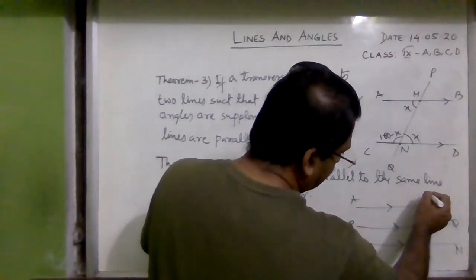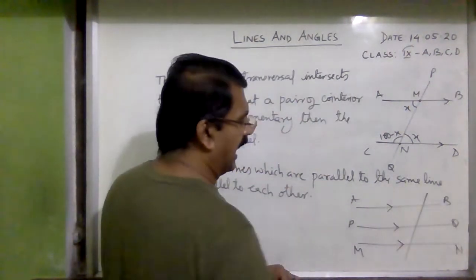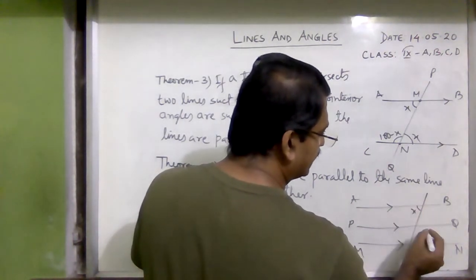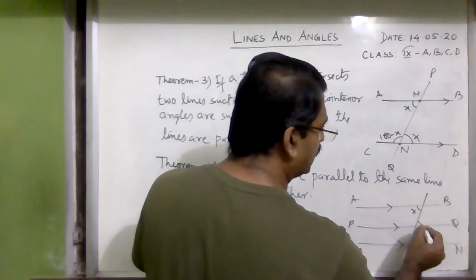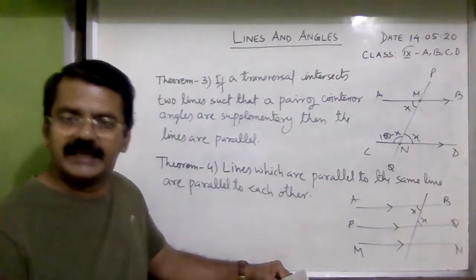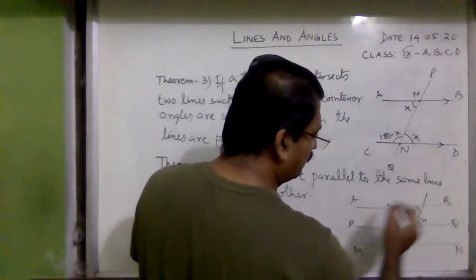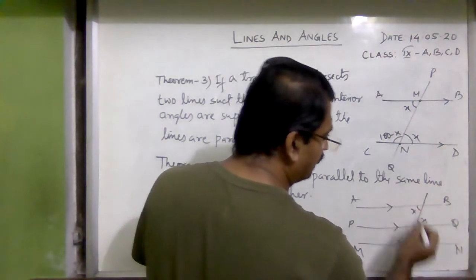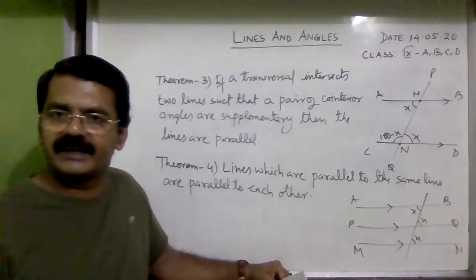If you draw a transversal like this, as AB and PQ are parallel, means if this angle is x, then this angle will also be x because they are alternate interior angles. Now as AB and MN are parallel, if that angle is x, then this angle will also be x. Again, they are forming alternate interior angles.